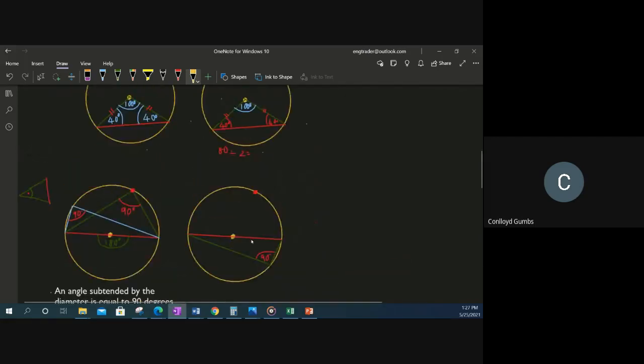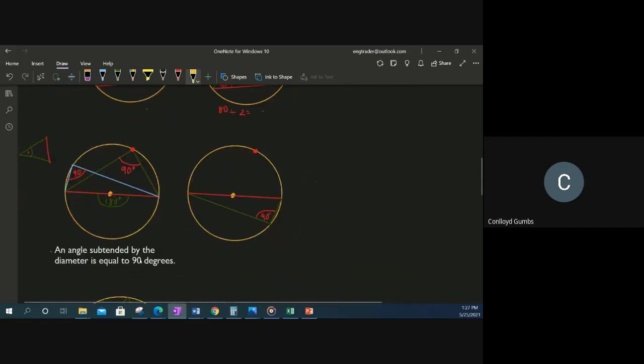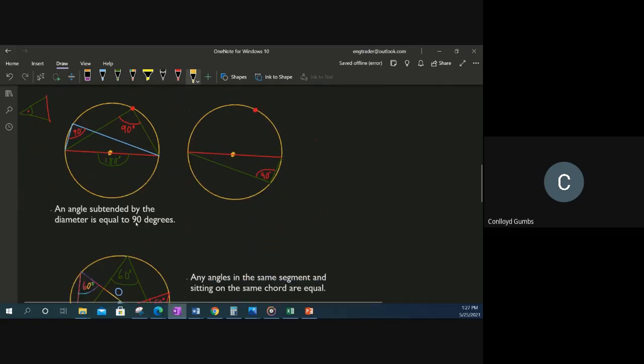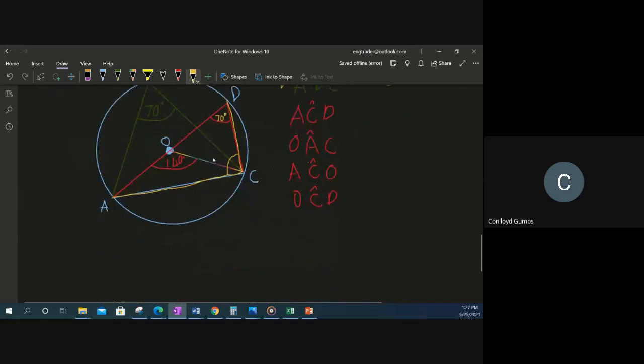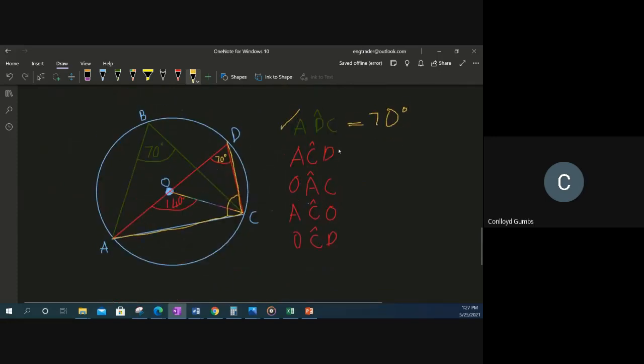Remember this rule here? Once it's sitting on the diameter, subtended by the diameter, it is equal to 90 degrees. So that means that ACD has to be 90 degrees, because it's sitting on the diameter.